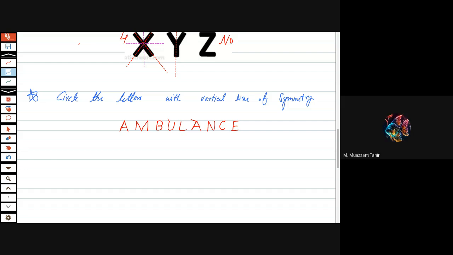A and U. So A, U, A, then another A. No, we don't have N. No M. So we have these 4 letters in which we have the vertical lines of symmetry.